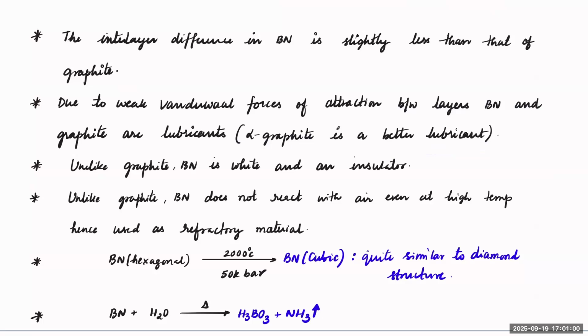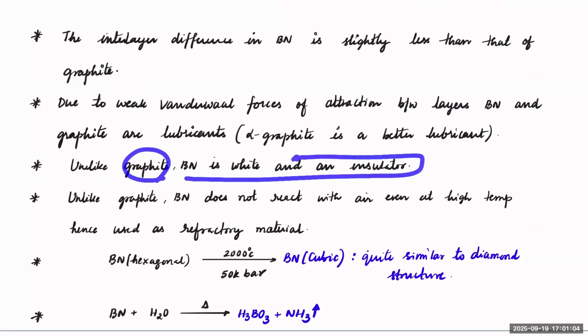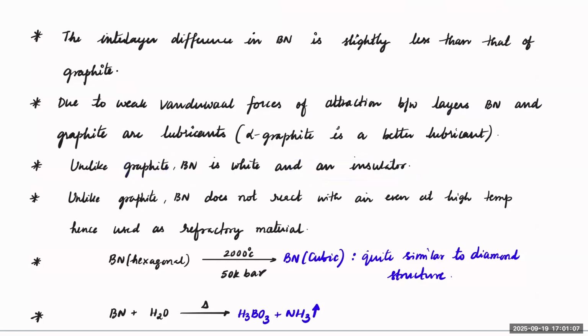And unlike graphite, boron nitride is white and it acts like an insulator, because there is no extra electron moving around within the layer like in graphite. Also, unlike graphite, boron nitride does not react with air even at high temperature. Hence, it is used as a refractory material, which is something that can hold a very high temperature. We studied that in metallurgy.